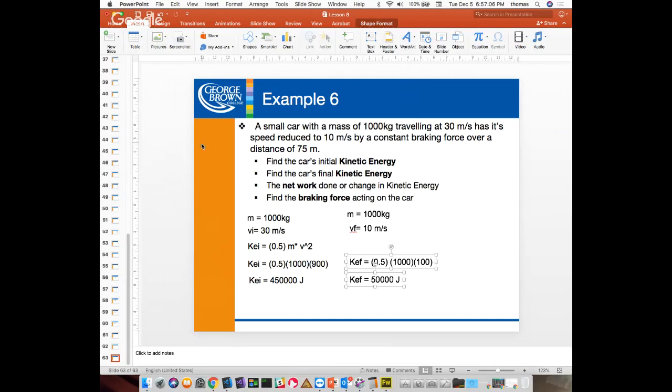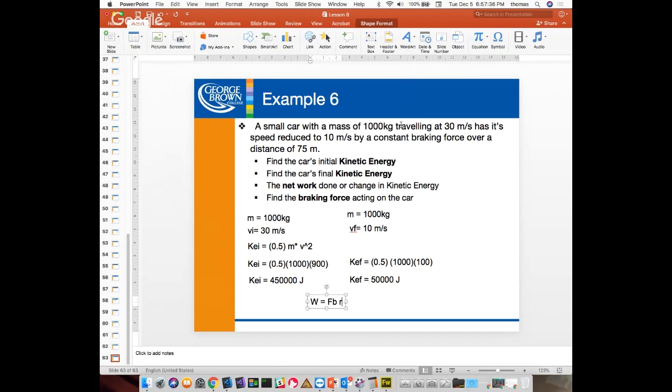So if we calculate the formula, here we go. We know that work is equal to the amount of force applied. So this is braking force, over distance. We'll just call the displacement R, times cos of the angle.